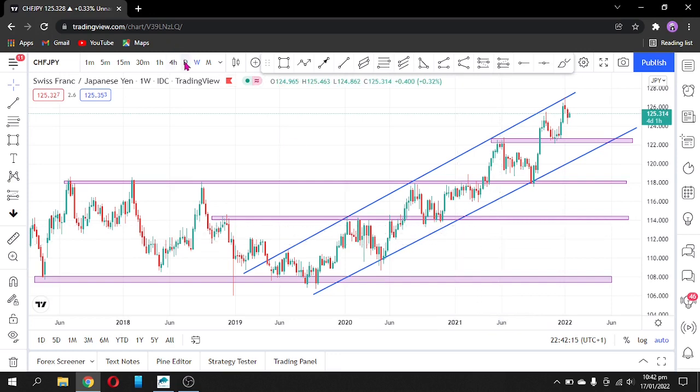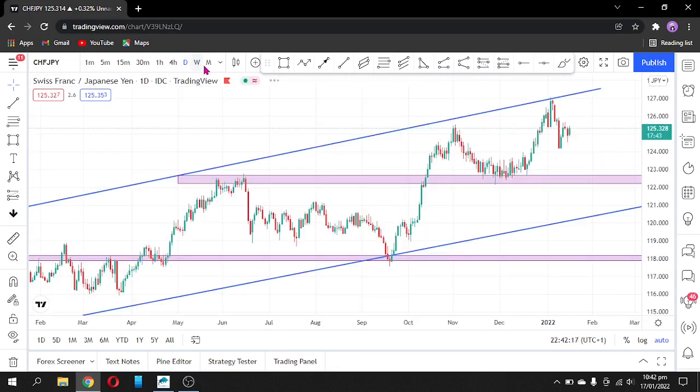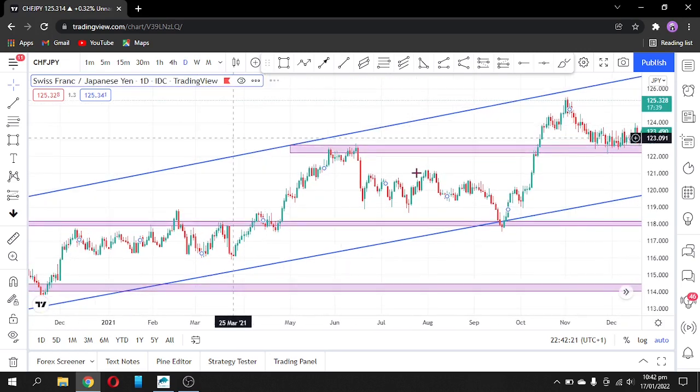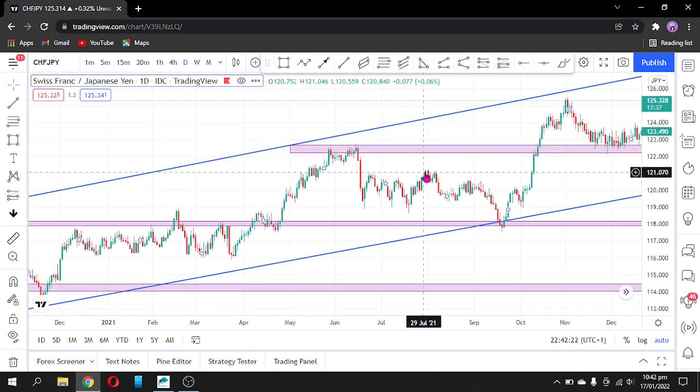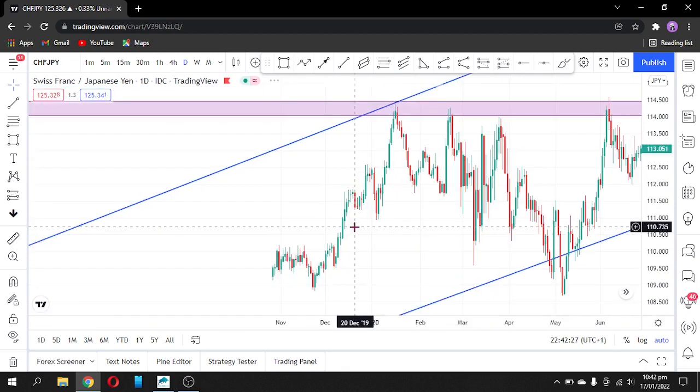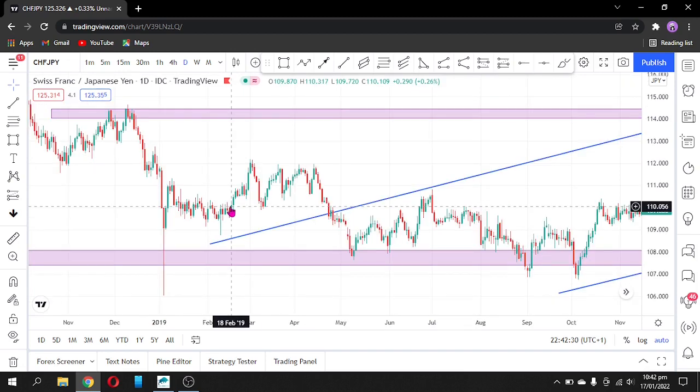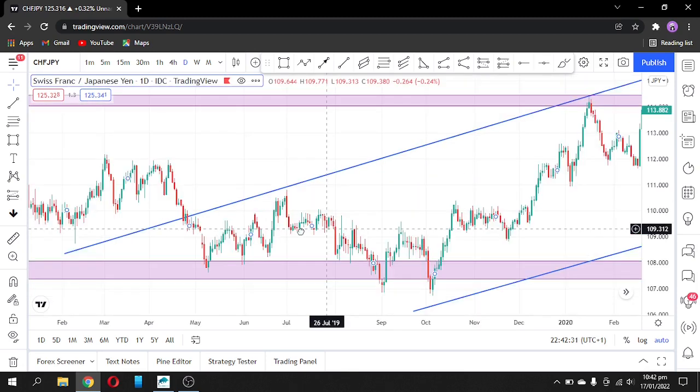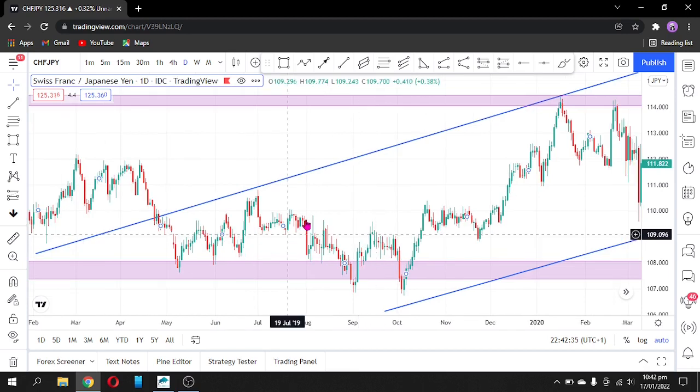If I go back to the daily time frame, I can see how price reacted to these zones here. If we go back to where we drew our first support zone, here it is. This is our first support zone.